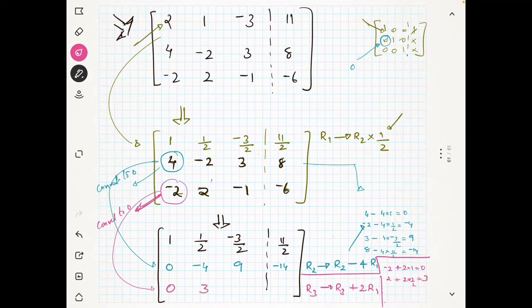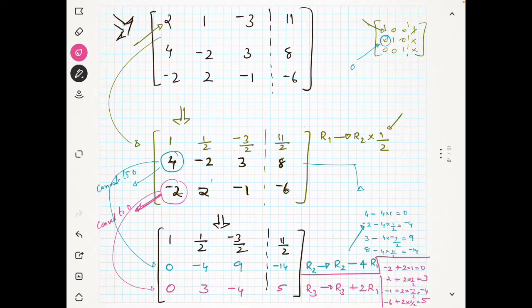So this becomes 3. Now minus 1 plus 2 into minus 3 by 2, this becomes minus 4, right? So this becomes minus 4. Now next is minus 6 plus 2 into 11 by 2, this becomes 5, right? So this becomes 5.